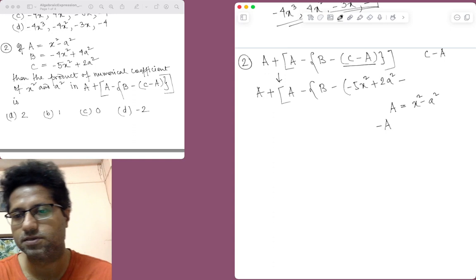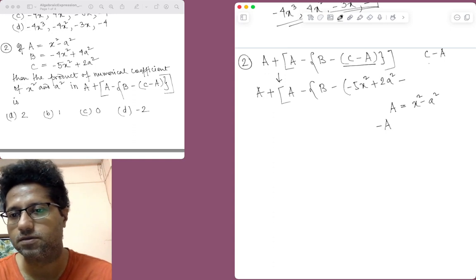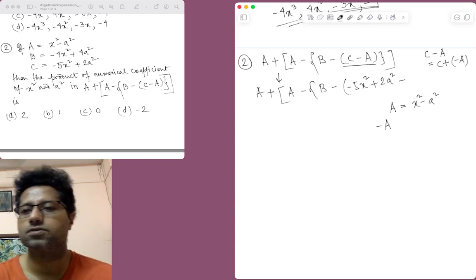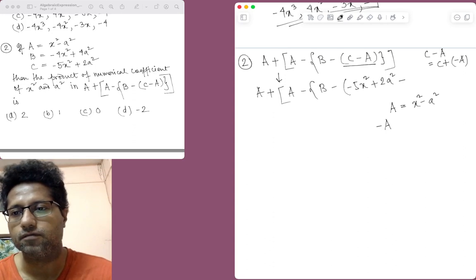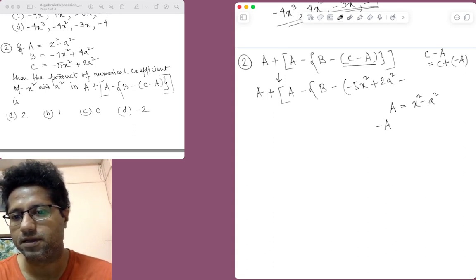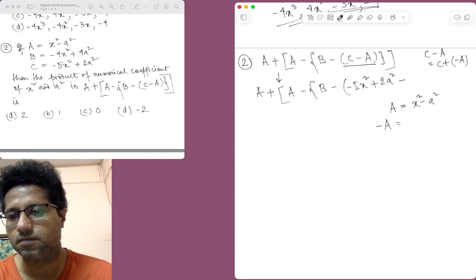So here also the same logic will work. This is equal to c plus the additive inverse of a. Even though a is an algebraic expression, the concept works the same way. So now what does the additive inverse of a, that is minus a, mean? This is nothing but minus of x square minus a square.